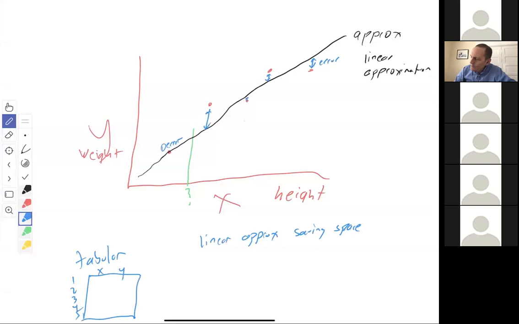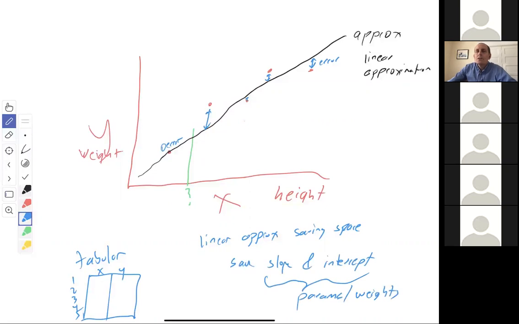With our X and Y values. Nick, if we have a linear approximation, how much information do we have to save? Just the slope and the intercept. Yeah, we'll have to save slope and intercept. Right. So we're going to call these our parameters, or we might also call them weights. So we've saved space, and we also are able to generalize.